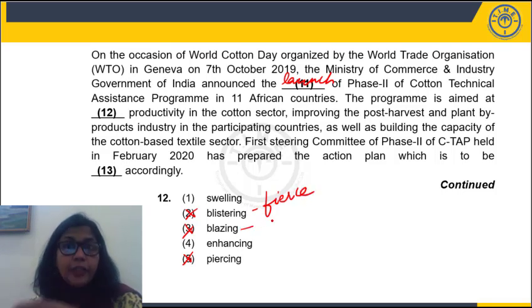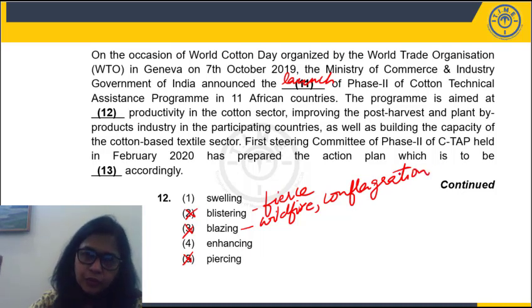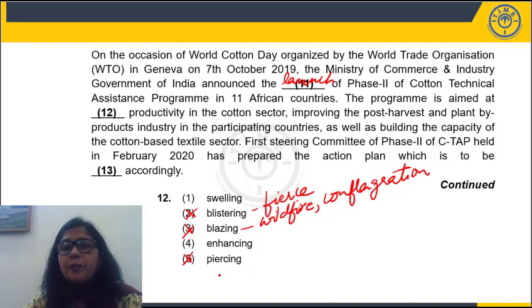A blaze is generally used for, like a wildfire. Conflagration. To pierce is to make a hole with a very sharp object, right? That is, literally, but otherwise, somebody can have piercing eyes also, as if the person is able to look through you. So these 3 words are immediately ruled out.